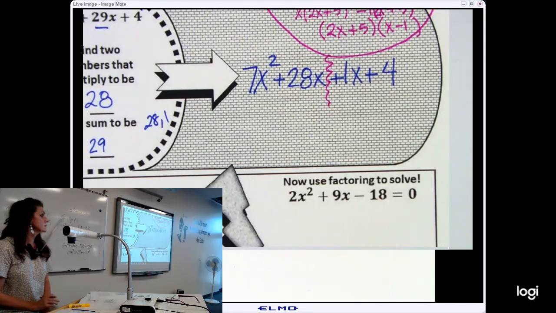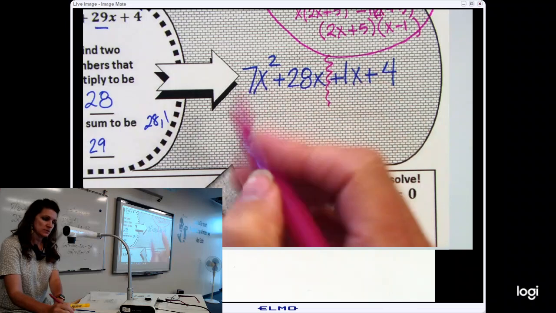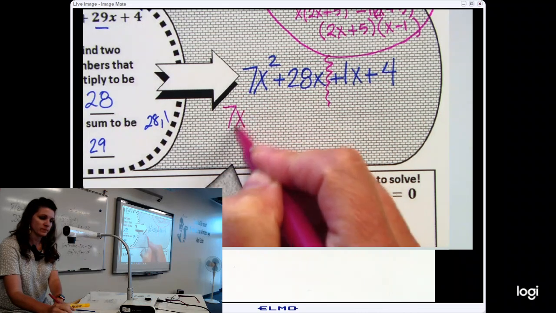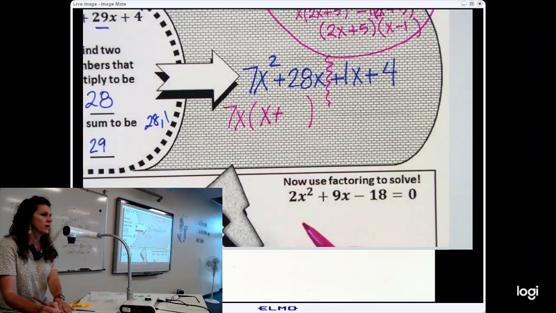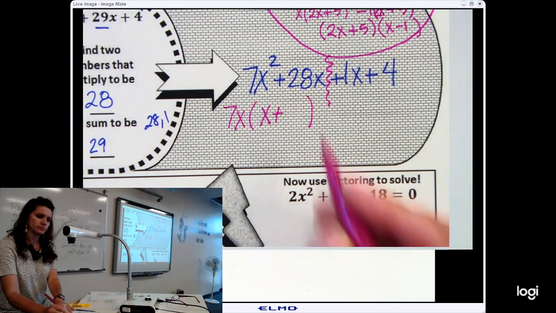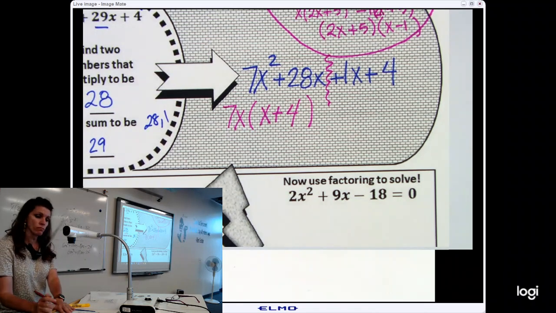Greatest common factor on the left is what? 7x. Ooh, not 14. 7x. What's left behind? x plus 28 divided by 7 is what? 4. Greatest common factor on the right. 1.